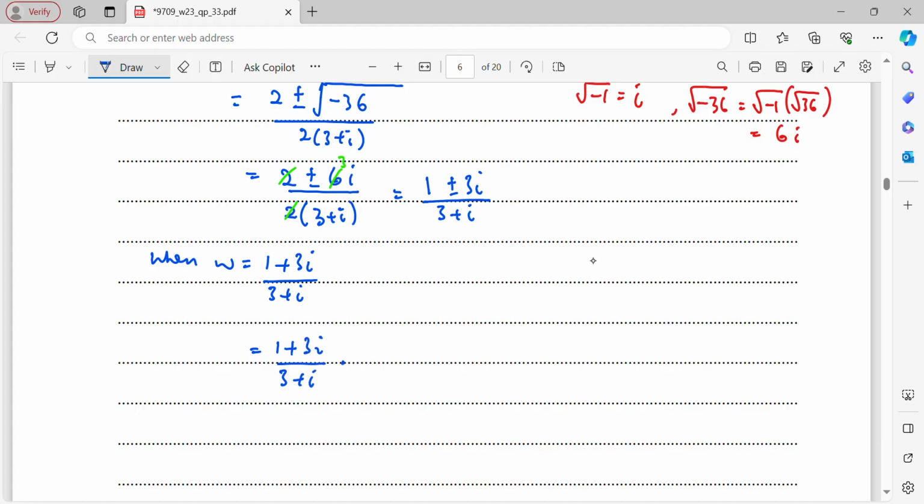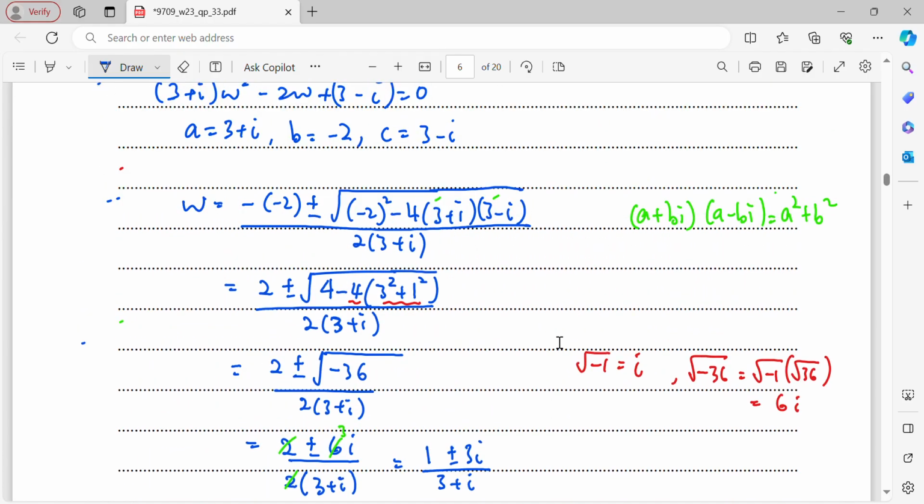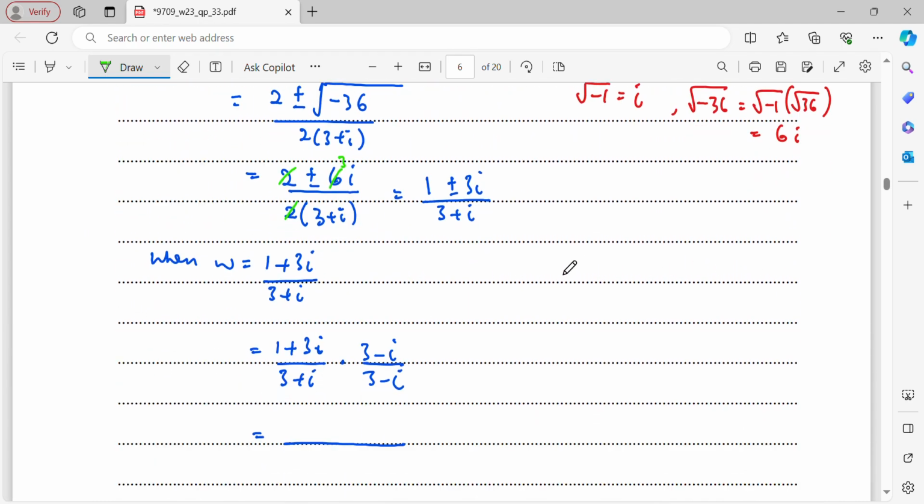So the conjugate is 3 minus i. Then for the denominator, it is the same result. These two multiplied together will be 3 squared plus 1 squared, which is 10. So I will just change the denominator into 10.